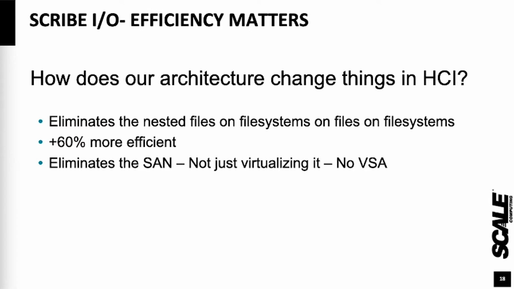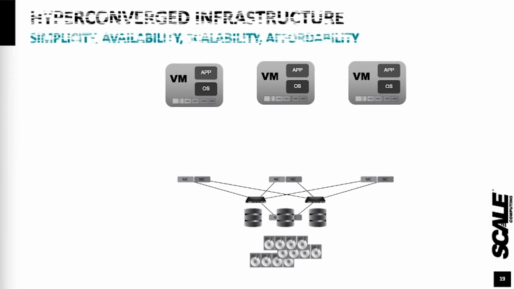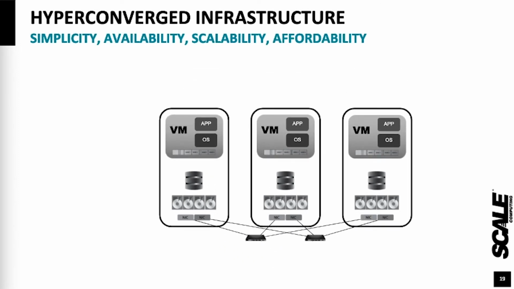You're not just virtualizing it away. You're not just using a VSA or controller VM. More importantly, you take your current environment, whether it's hidden this way or it's built out this way, and you just simply move it to something that makes more sense. Only what you need and only as efficient as a direct connection would allow.